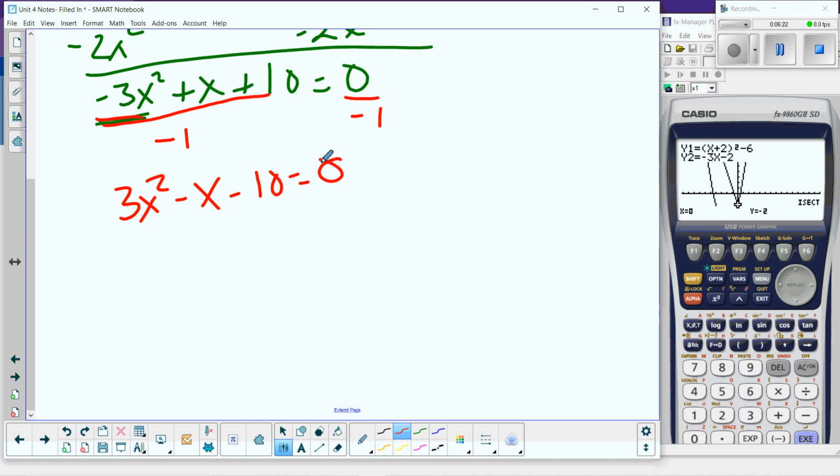So now, once again, you can use whatever way. You can factor or use the quadratic formula. I'm going to go the route of using my quadratic formula.